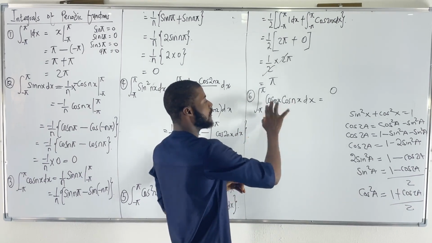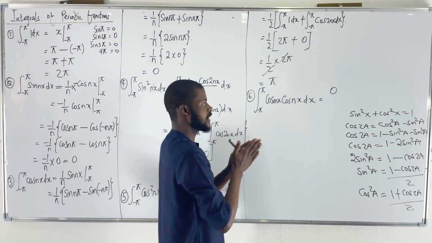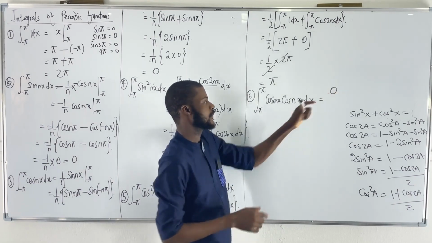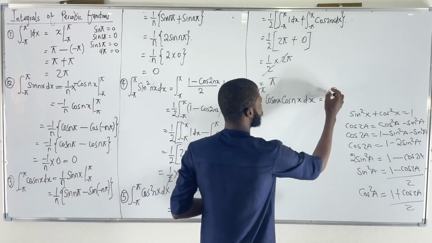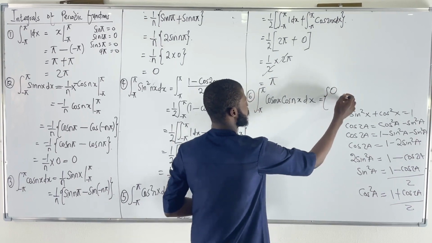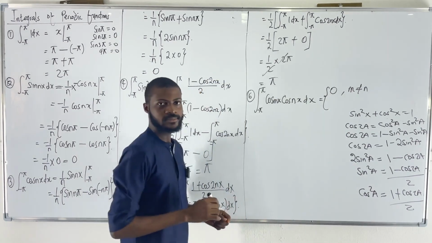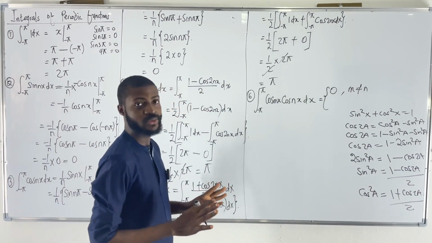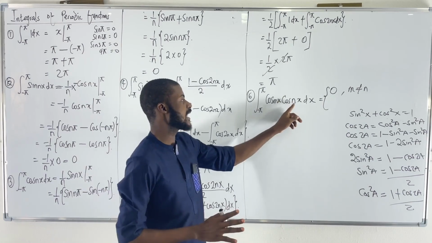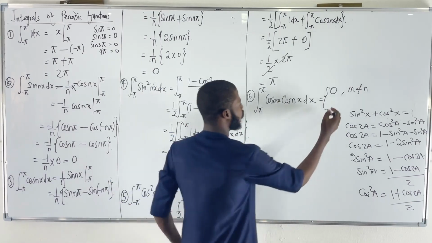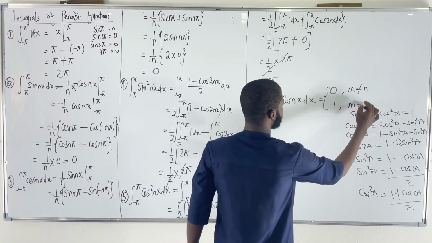But if m and n are different, you're going to be having what? 0. So it's equal to 0 when m is not equal to n, when these two things are different. Then it's equal to pi when m is equal to n.